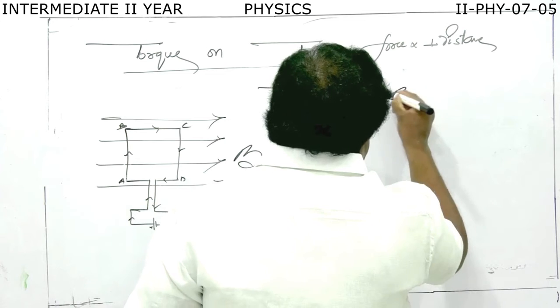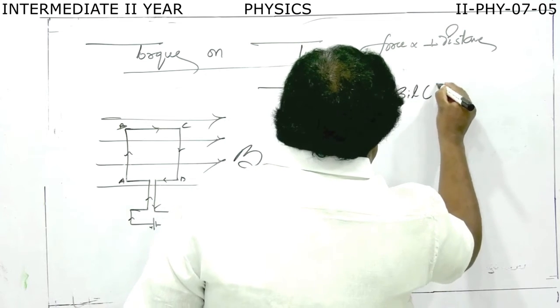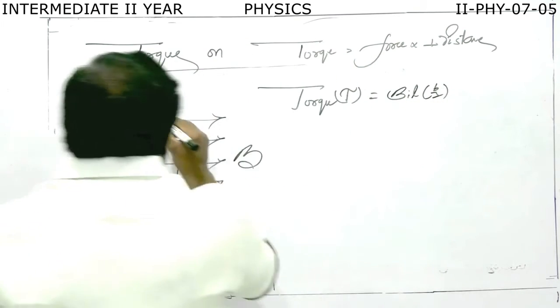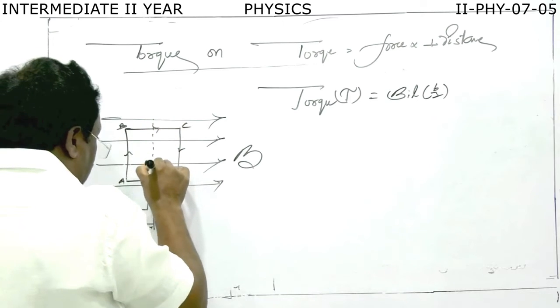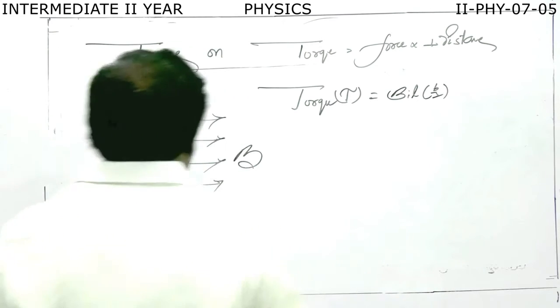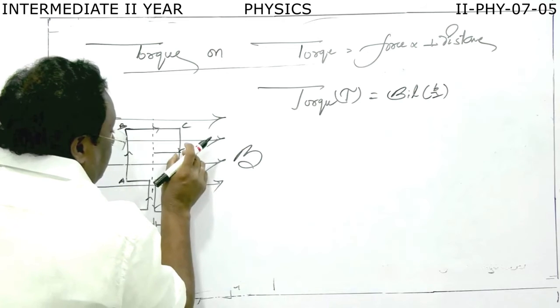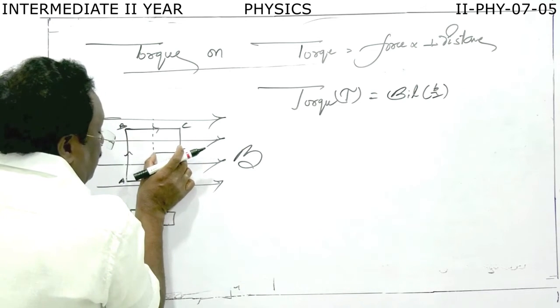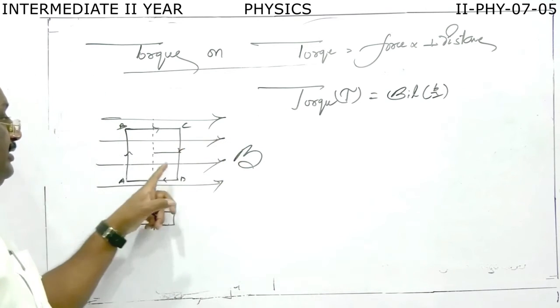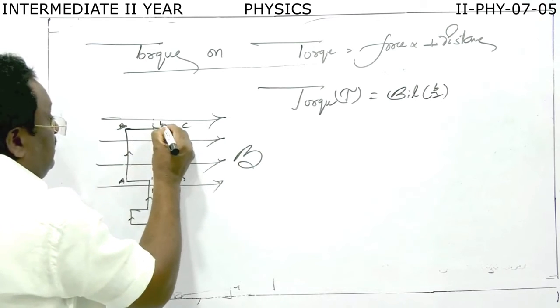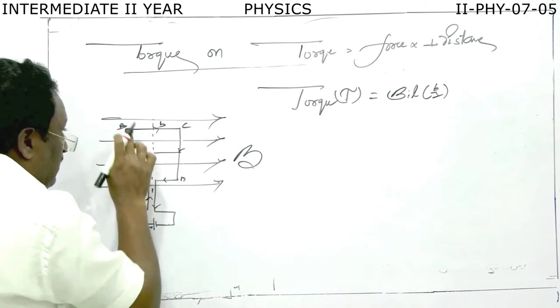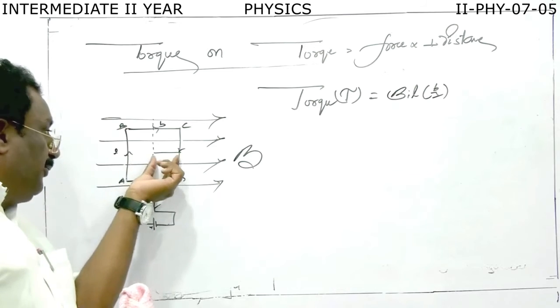Force is equal to BIL. This is when the coil is rotating. This is its axis. This is the distance between these two, called perpendicular distance. This is the width, and this is the length of the coil, L. So we take b by 2, b by 2.